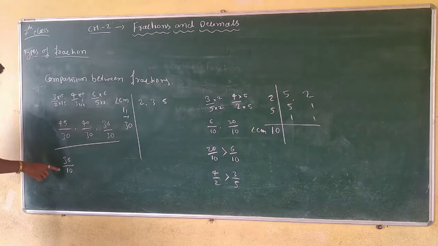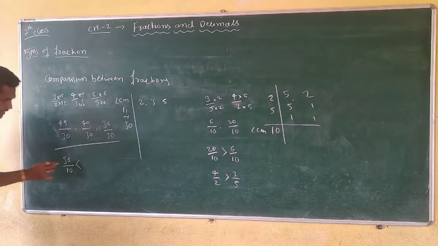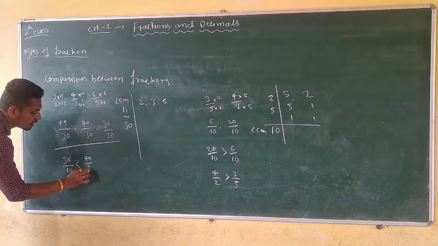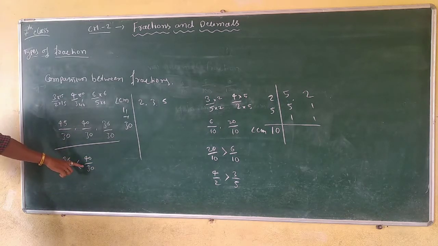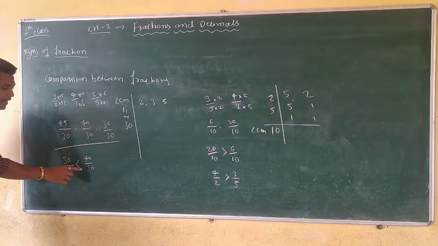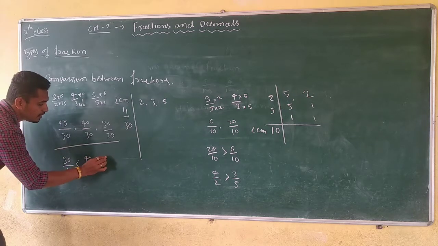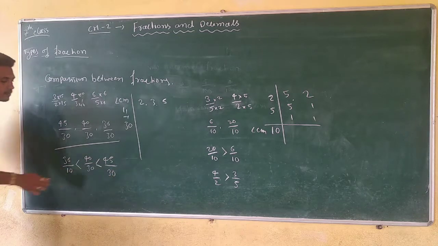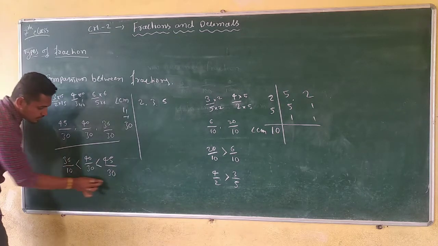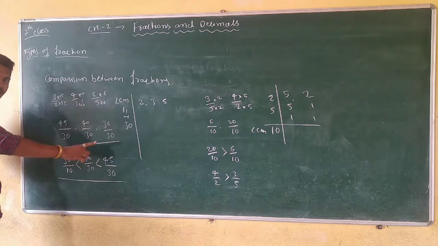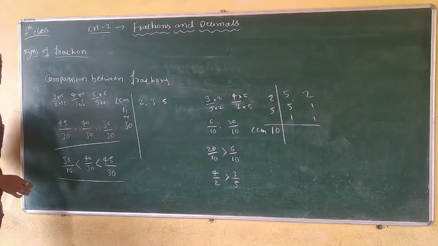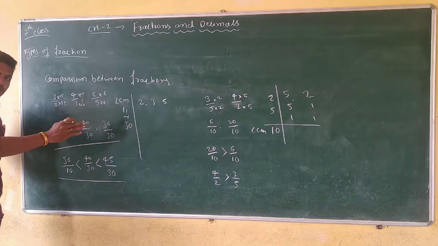Next, 40 divided by 30 is greater than 36 divided by 10, and 40 divided by 30 is smaller than 45 divided by 30. So which order is it? Ascending order, smaller to bigger. And descending order means bigger to smaller.